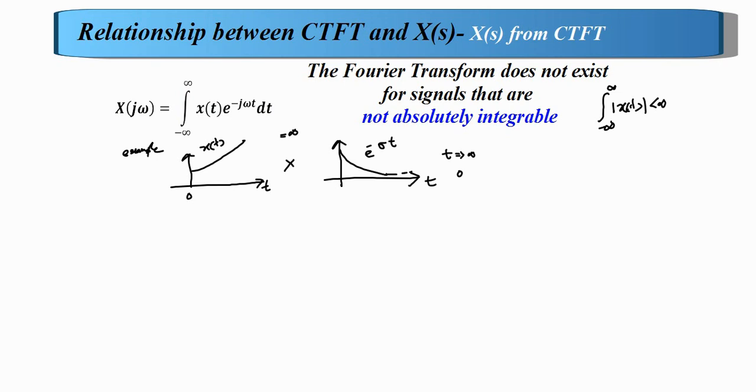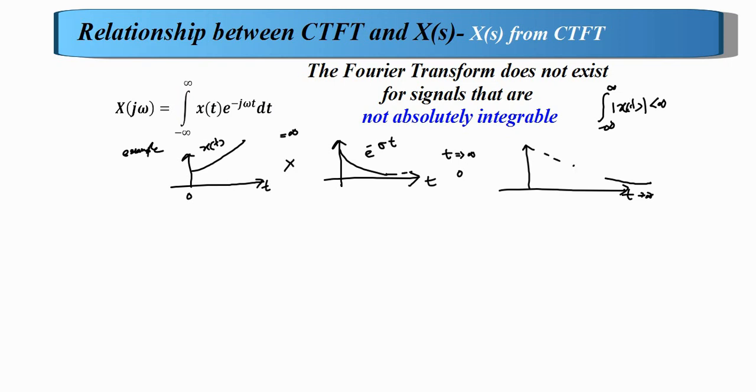So what happens? I can bring down the signal value to 0 or near to 0 at t equal to infinity. So if you multiply these two signals, finally I will get a signal which is converging at t equal to infinity. Okay, this is a new signal.